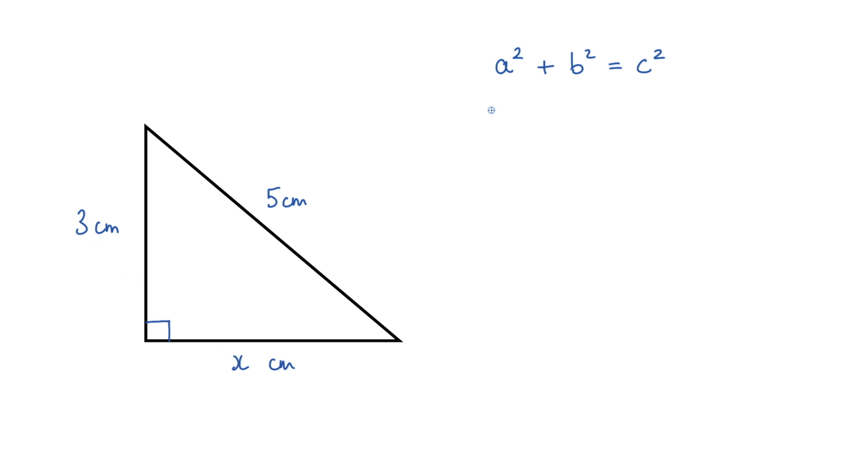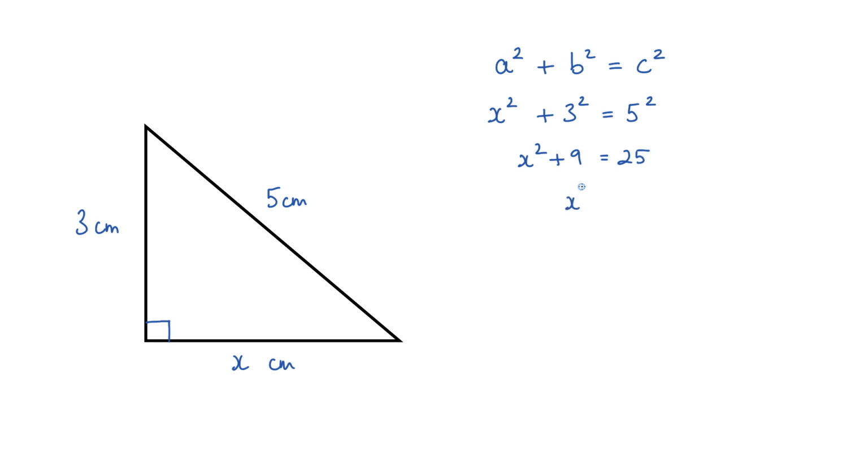So let's have x squared plus 3 squared is equal to 5 squared. Remember, the hypotenuse, the longest side, must be here. X squared plus 3 squared, we can write this as x squared plus 9 is equal to 25.